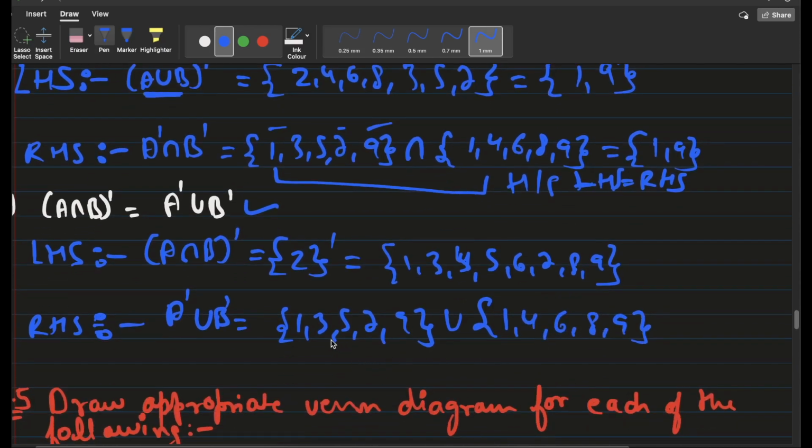What is the union of these? 1, 2 is not present, 3, 4, 5, 6, 7, 8 and 9. Now we can say that LHS equals RHS, hence proved.